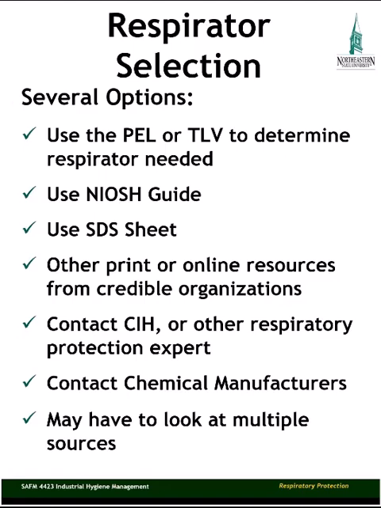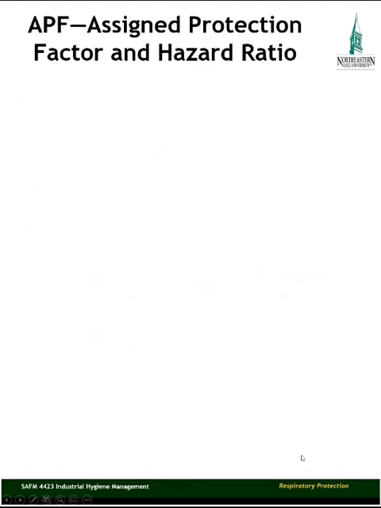Now, there's one concept that I need to cover that goes along with respirator selection, assigned protection factor, or APF. Also, hazard ratio. Actually, there's two concepts I need to get squared away before we continue. Both of these concepts can be very important for respirator selection.